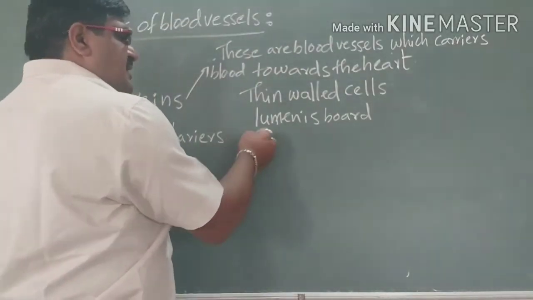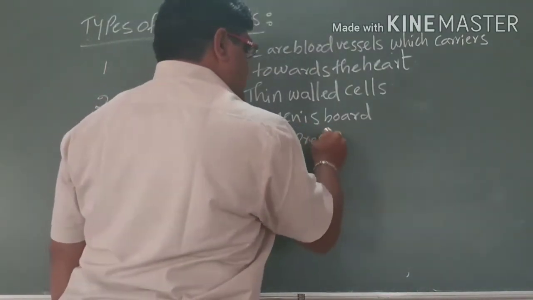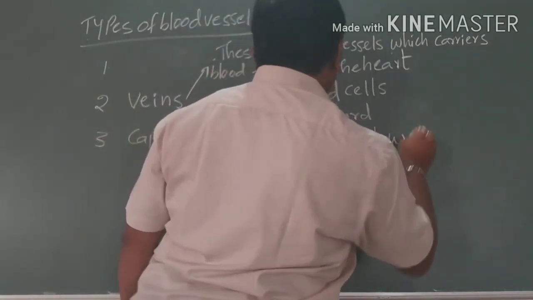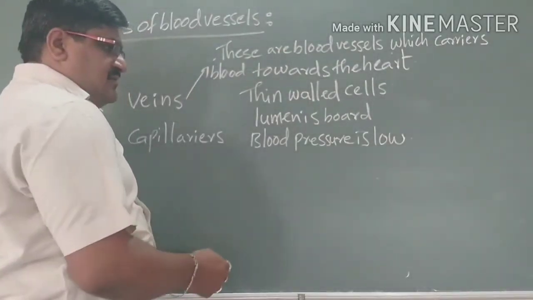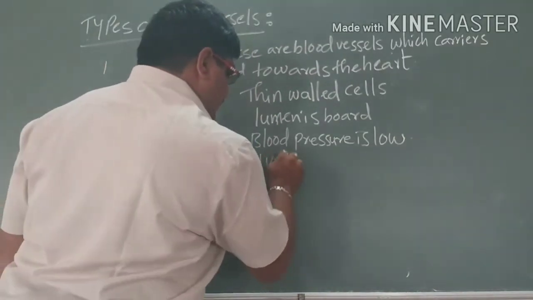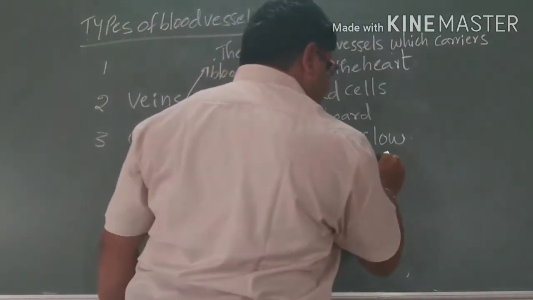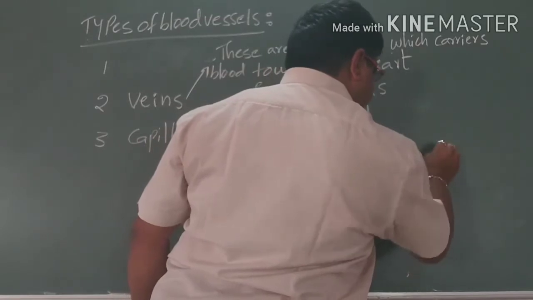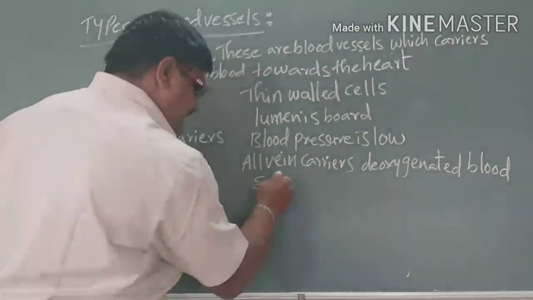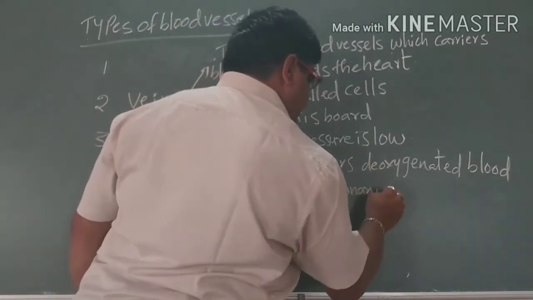Here the blood pressure is low in the veins, and all veins carry deoxygenated blood except the pulmonary vein.